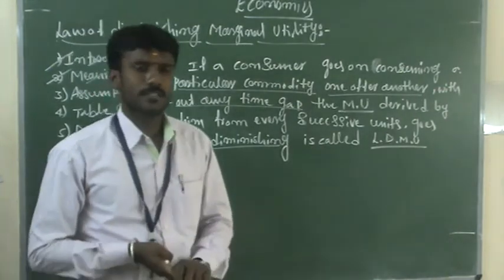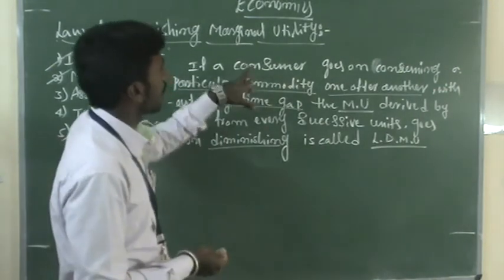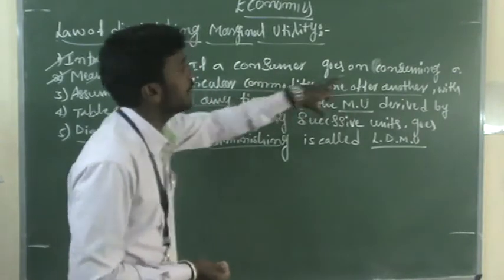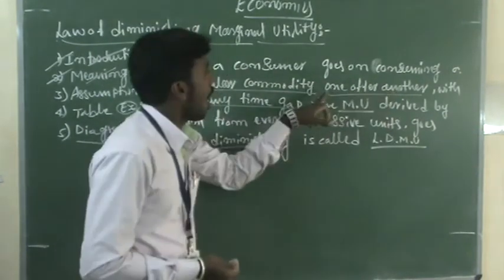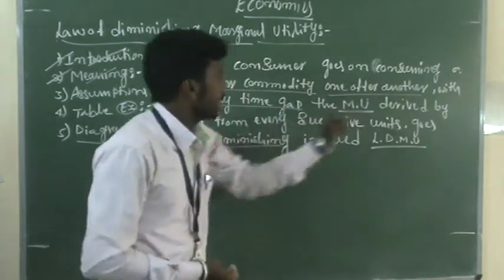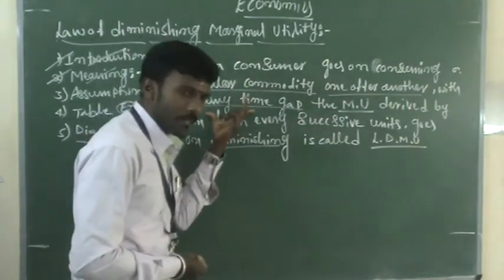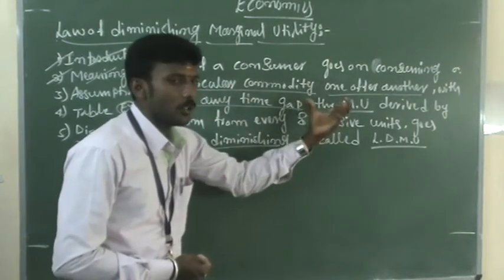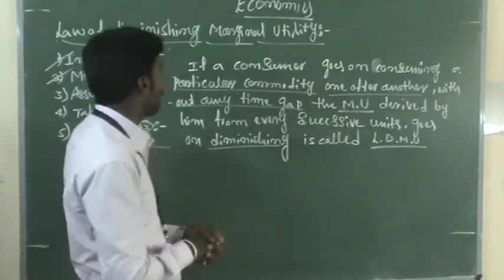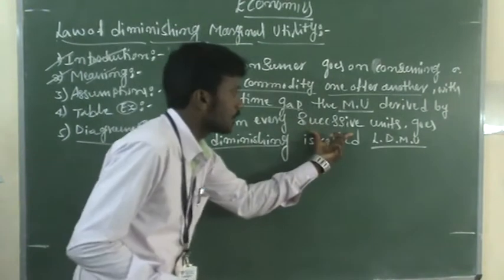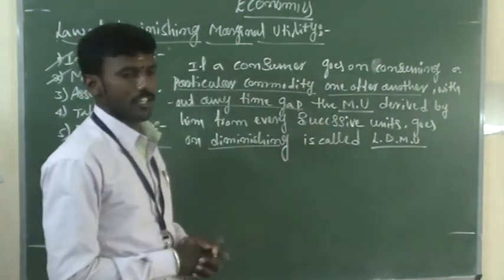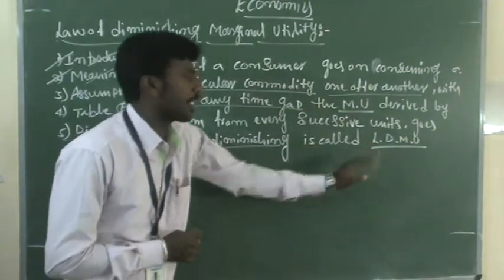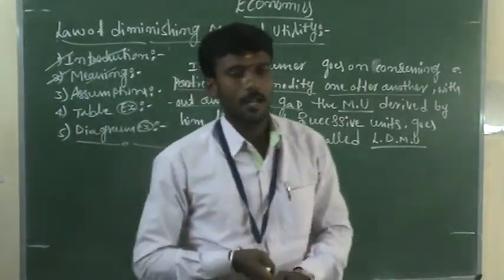See students, once again I repeat, a consumer is consuming a particular commodity continuously or one after another. It means without any time gap, the marginal utility derived by him from every successive unit goes on diminishing or decreasing. That process here we are going to consider as the law of diminishing marginal utility.